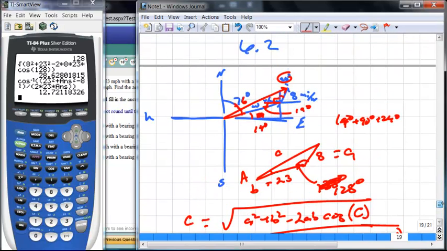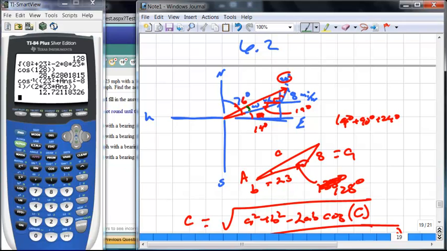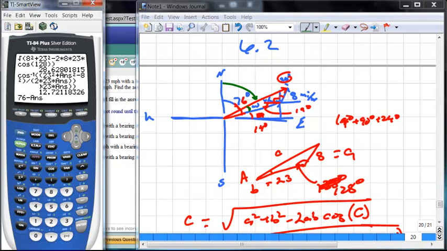Okay, now that's the angle. Let's see where that is. That's the angle right here. Okay, so the bearing is the angle up here that we want. So it's 76 minus what we just did, 63.3 degrees.